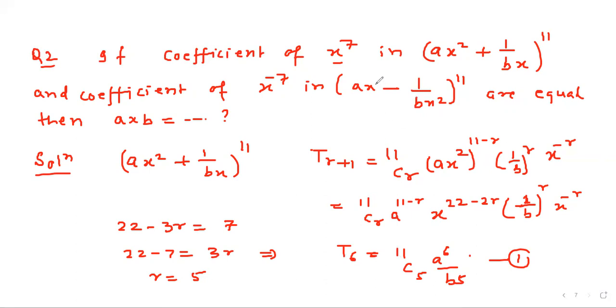Now we are going to consider this term, and then we will try to find the coefficient of x power minus 7. So consider (ax minus 1 upon bx square) whole power 11.